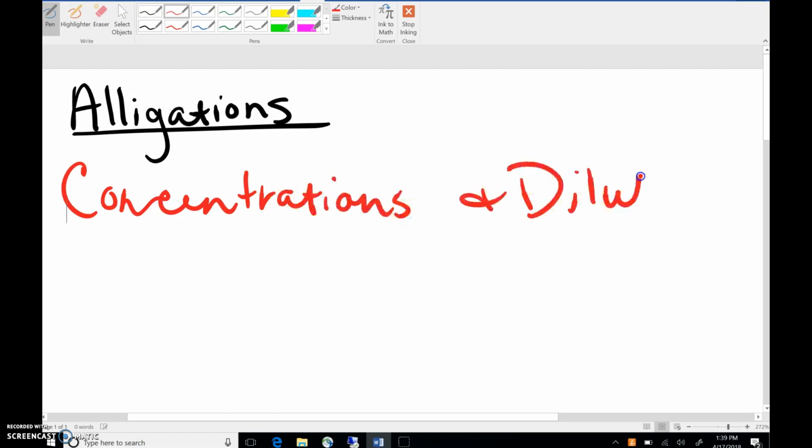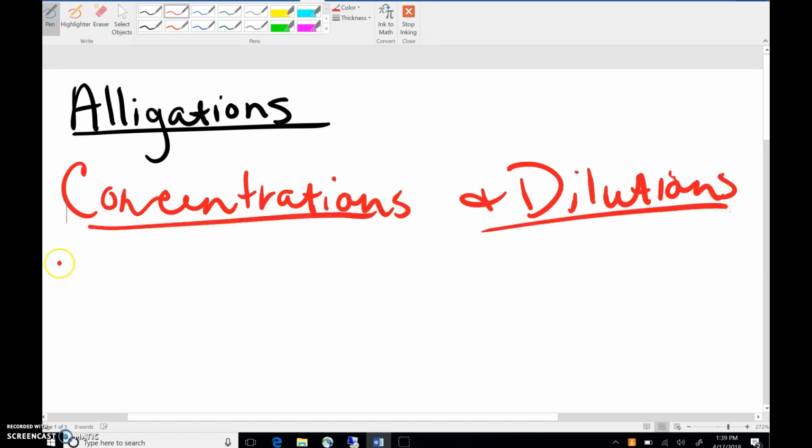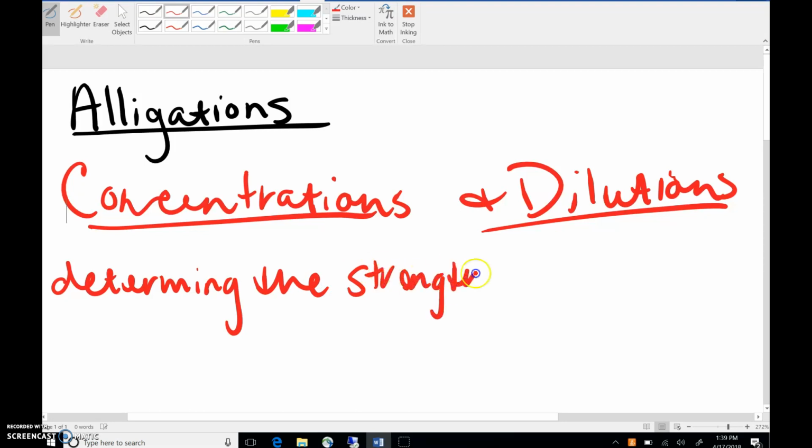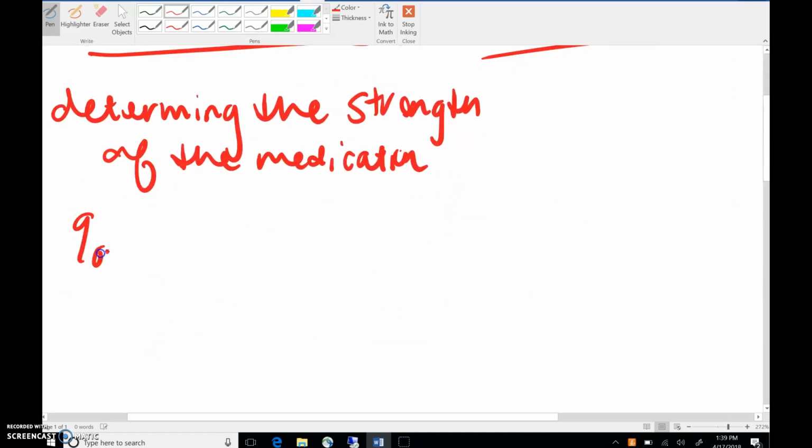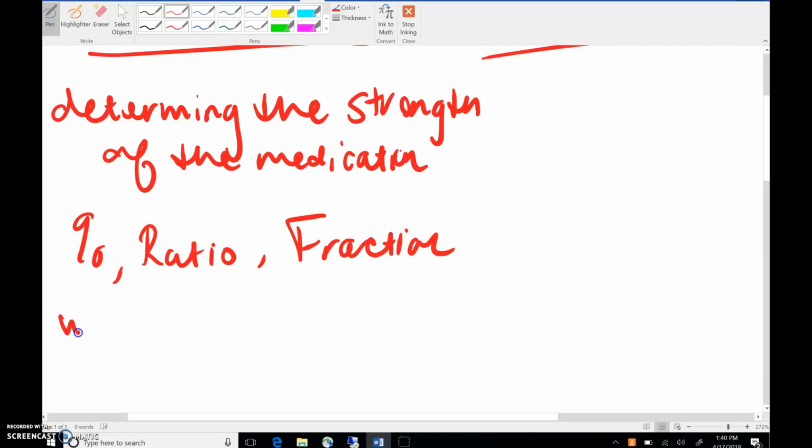With a concentration, what you're doing is determining the strength of the medication, whether it's in a percentage, a ratio, or a fraction. Whether the type of concentration is weight to weight, weight to volume, or volume to volume.